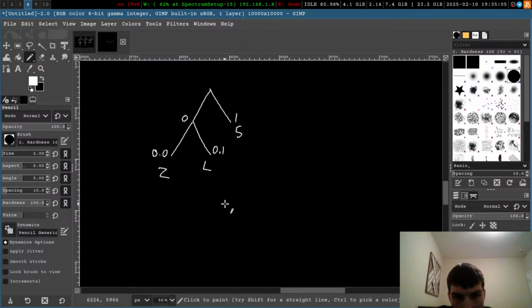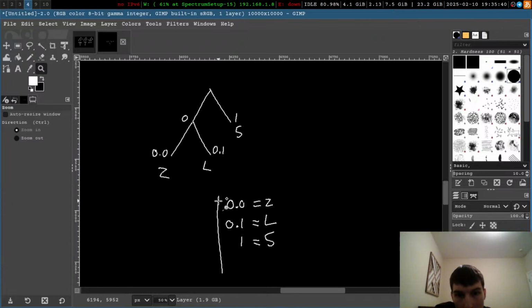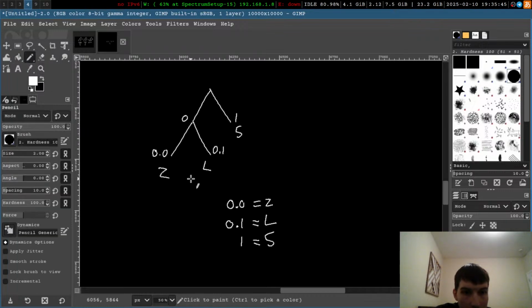So here, 0.0 is Z, 0.1 is L, and let me just say 1 is 5. And so now we have just a linear correspondence, and we don't have to think about the tree structure.